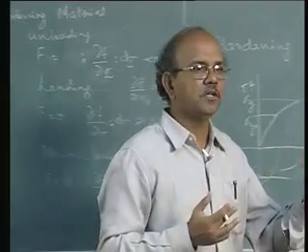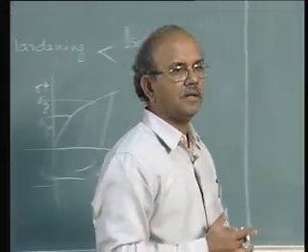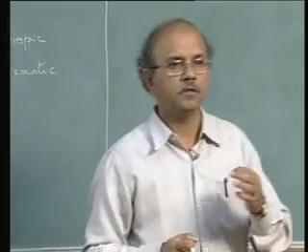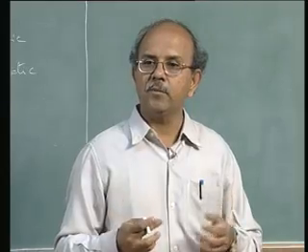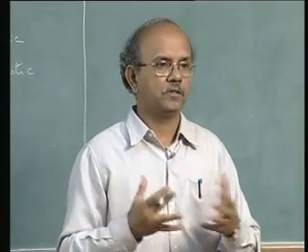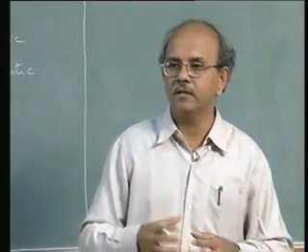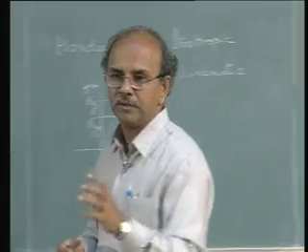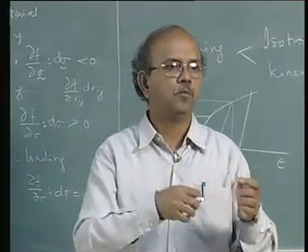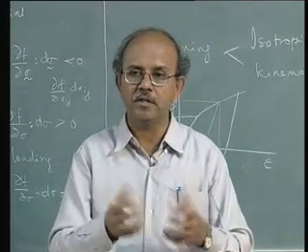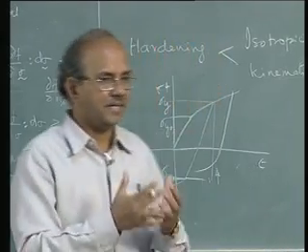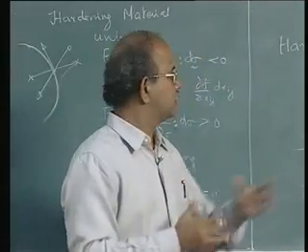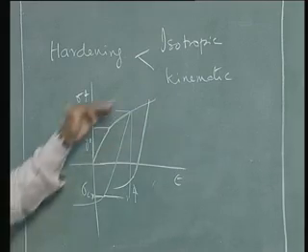There are so many other phenomena like climb and so on that are going to happen. So the dislocations may get entangled with loading. This is like if you have a ball of thread and start pulling it, the thread may become entangled. Like that, these dislocations may get entangled. One of the reasons why this starts hardening.